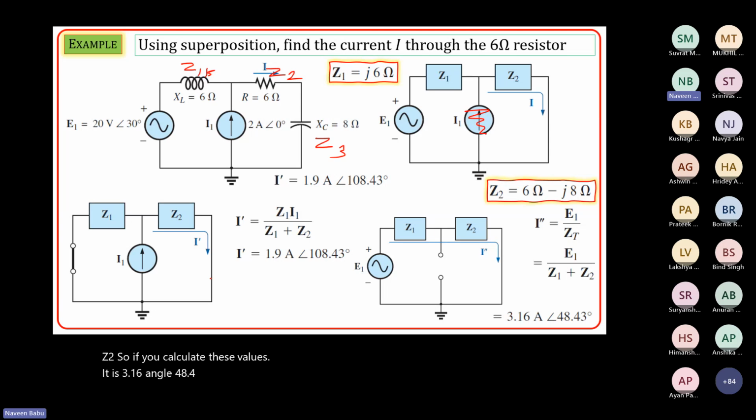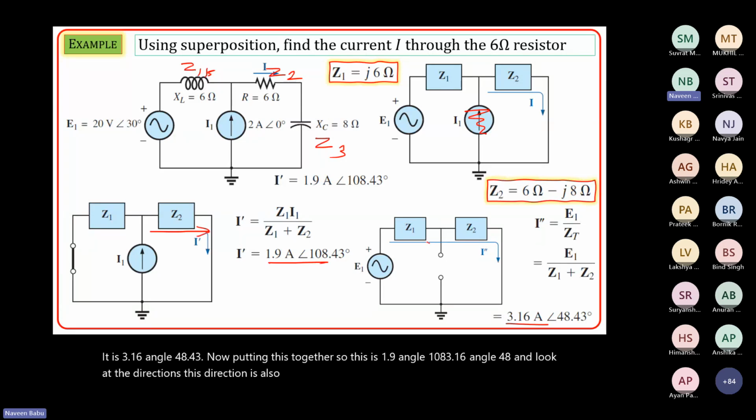Now putting this together, this is 1.9 angle 108, 3.16 angle 48, and look at the directions. I dash is flowing in this way, I double dashed is also in this way, and the required current is also in this way.